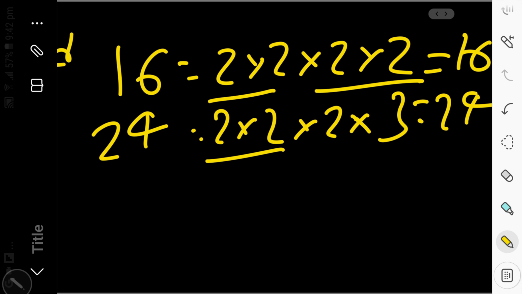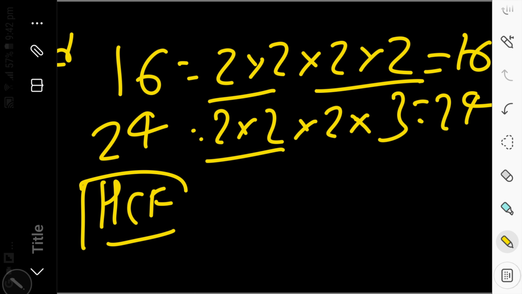This is the same for LCM and HCF. Finding prime factorization is simple, breaking down a number into its prime factors. Now in HCF, as we said, we find the highest common factor.